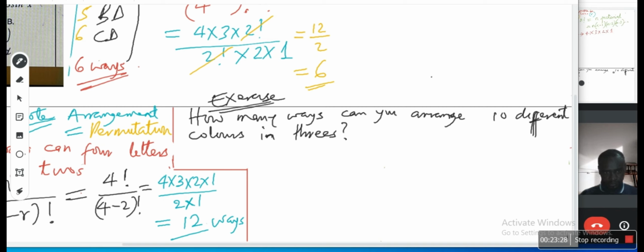So 10 is n, 3 is r. So n factorial over n minus r factorial. Oh, don't worry.